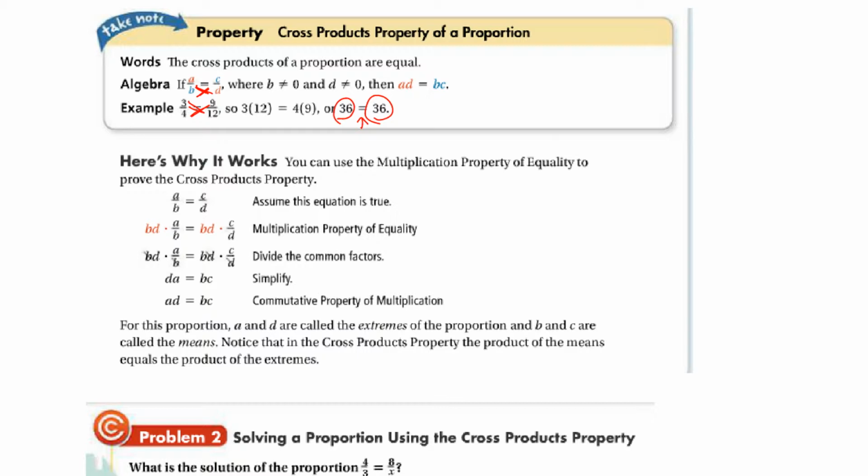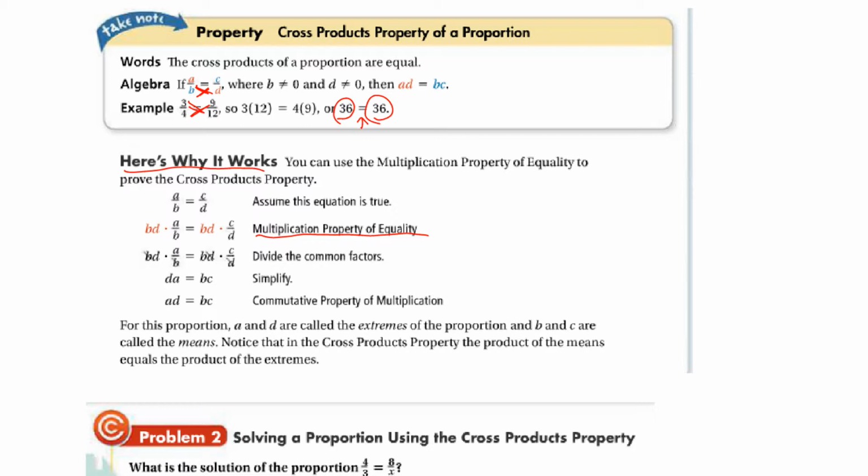And now here we have an explanation as to why it works. It says assume the equation is true. We use the multiplication property of equality to get rid of our denominators, multiplying both sides by BD, which would be our common denominator.